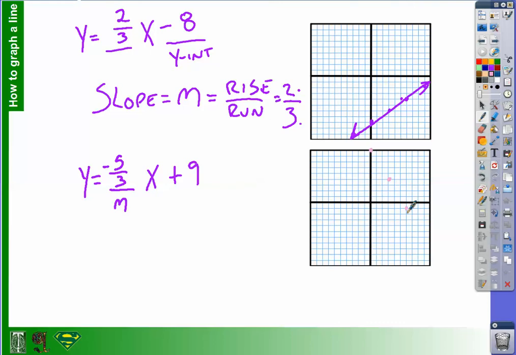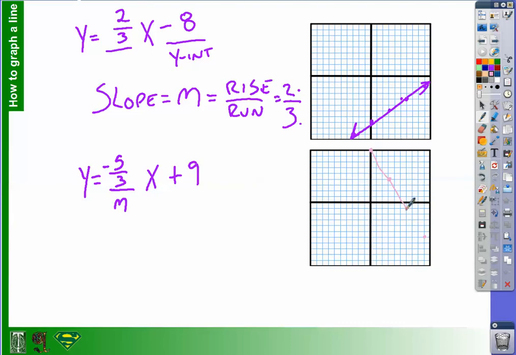All right. So let's move down 5 spaces. 1, 2, 3, 4, 5. All right. So from here, where am I going to go? To the right, 3 spaces. 1, 2, 3. So I put my dot, and now I can connect my dots and make my line.